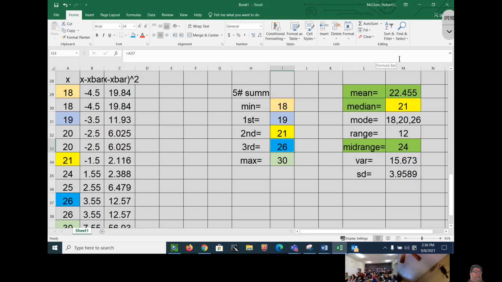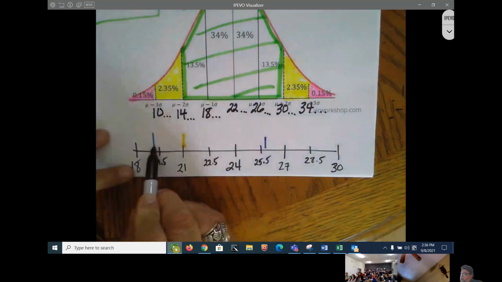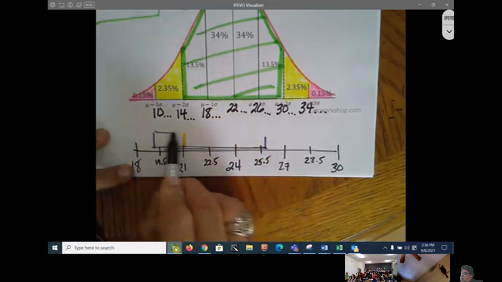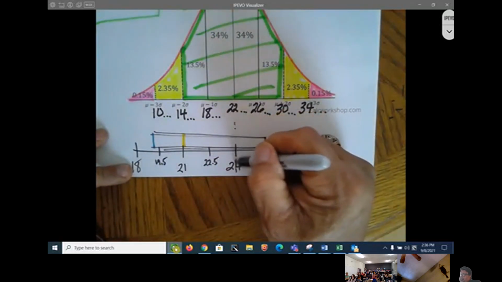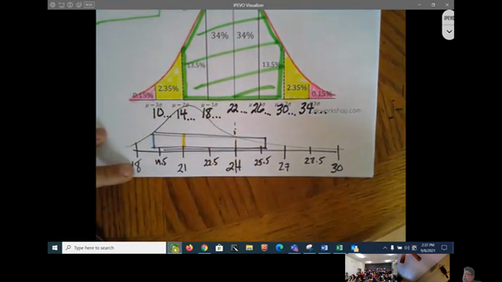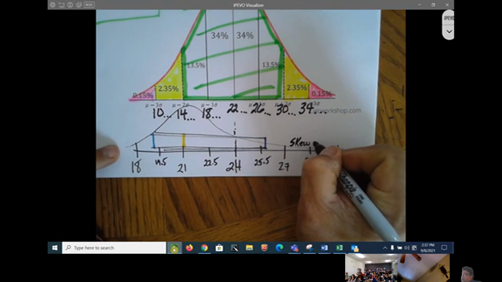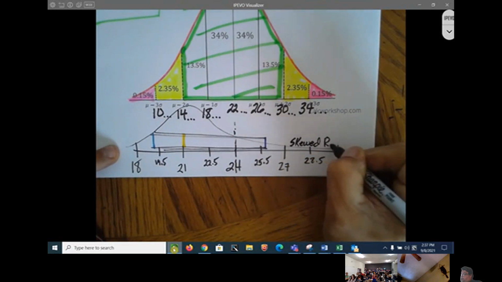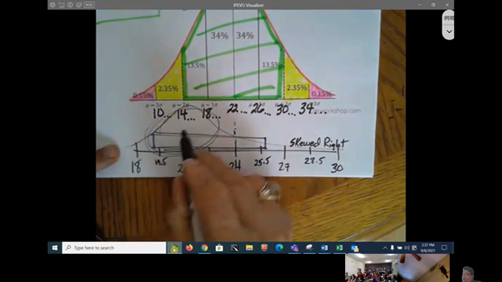And here is your box plot. And here's center. It looks like the actual data is skewed right. Because all the data is left of center.